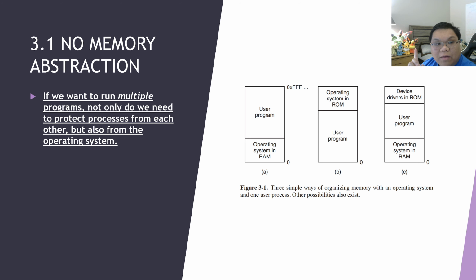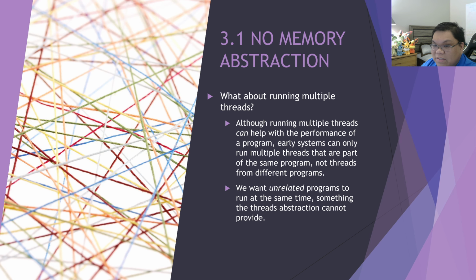If we want to run more than one program at a time, we must protect processes from interfering with other processes, but we also need to protect them from the operating system. Threads don't help here because the point of threads is to have parts of a program that can run while other parts are waiting to run.